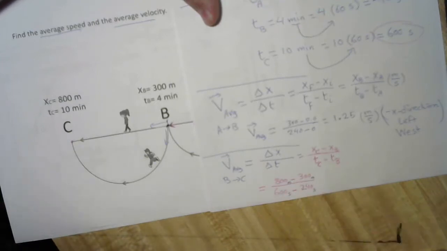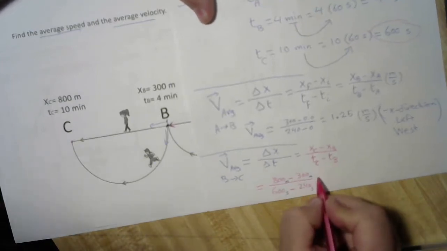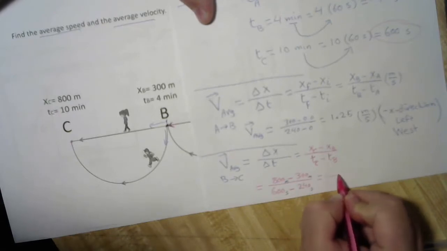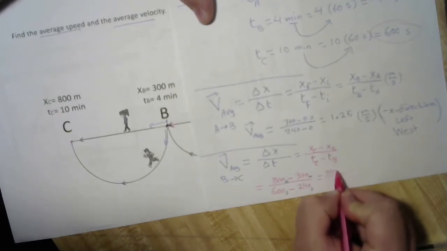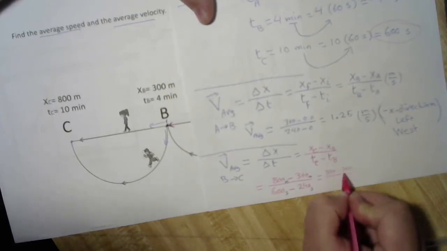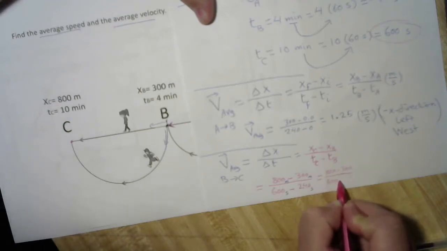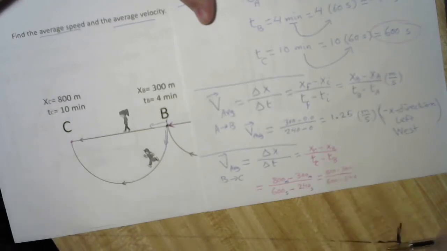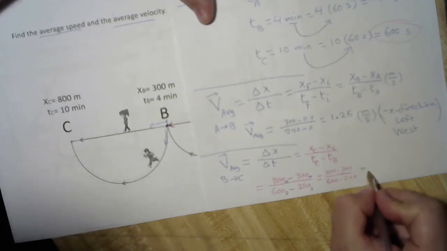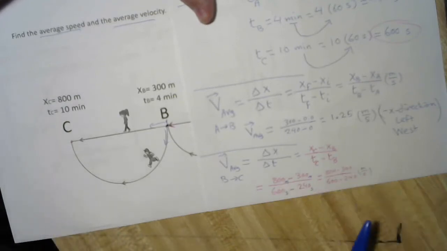Also, I can put them in this way: 800 minus 300, over 600 minus 240. I can put the meters per second on the side.